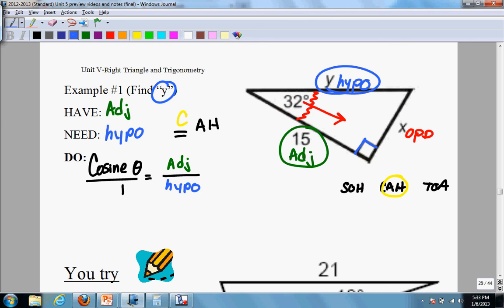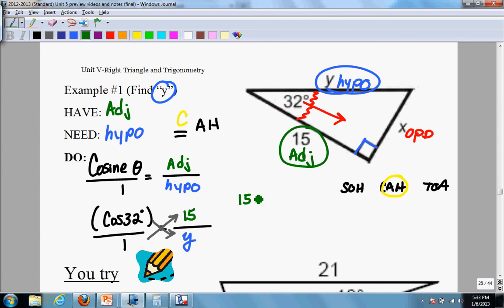Now we're going to circle, plug, chug. We know the cosine. I'm going to write cosine 32 degrees, parentheses, over 1 equals adjacent, which in this case is 15, over our hypo, which is y. Now we're going to cross multiply.